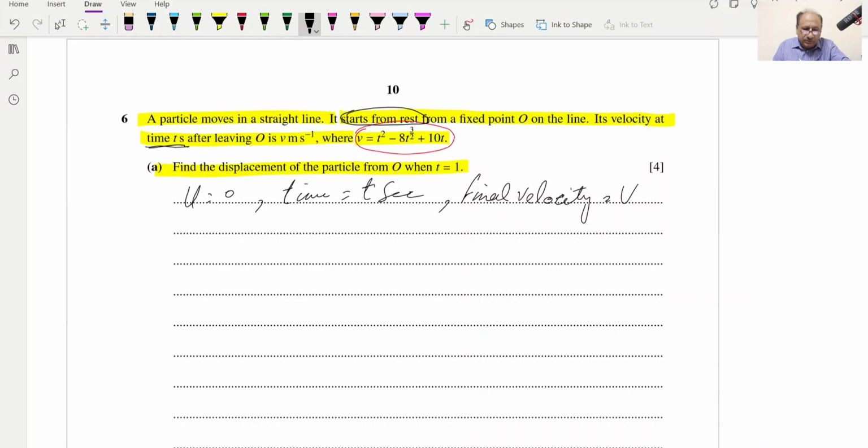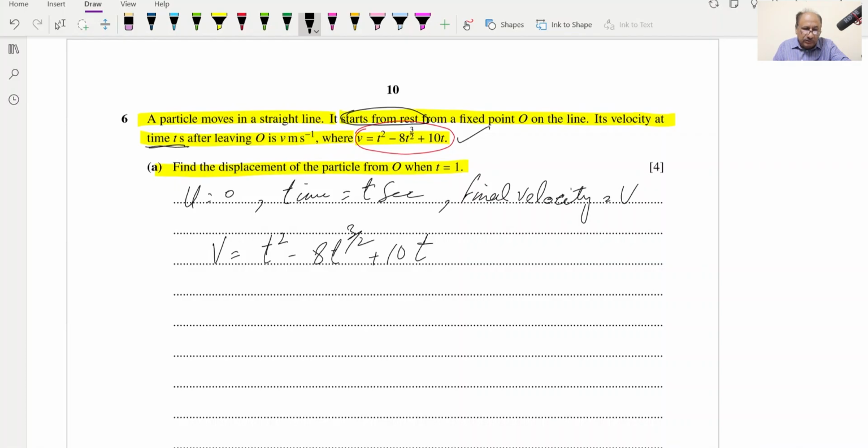And what else? Now we have to find the value of s. To find value of s, we will be utilizing this v. When velocity is given, v is equal to t square in terms of t minus 8 t raised to 3 by 2 plus 10 t.